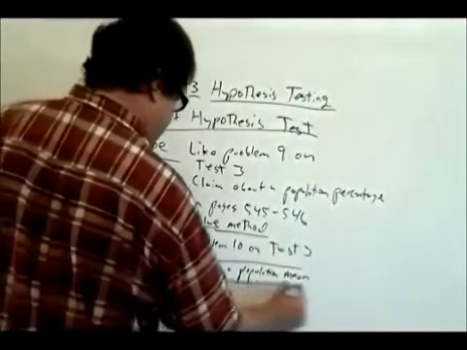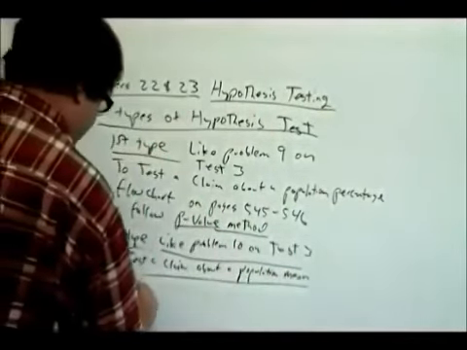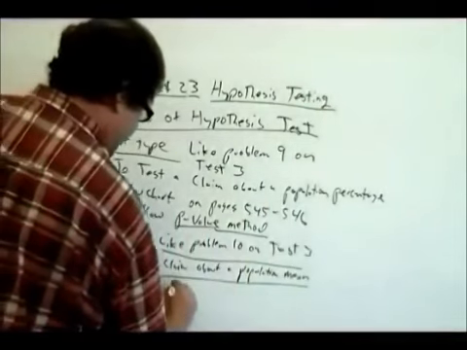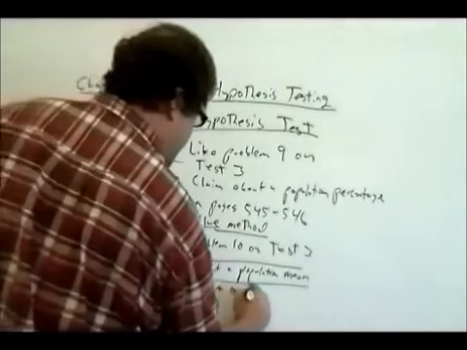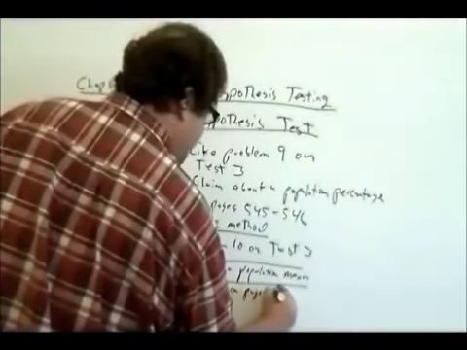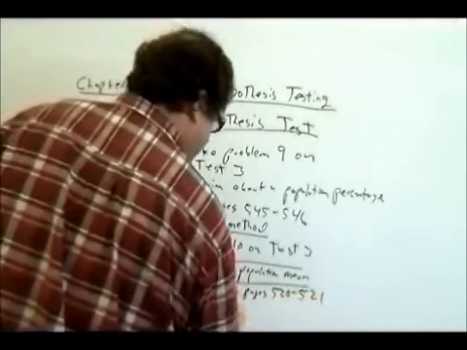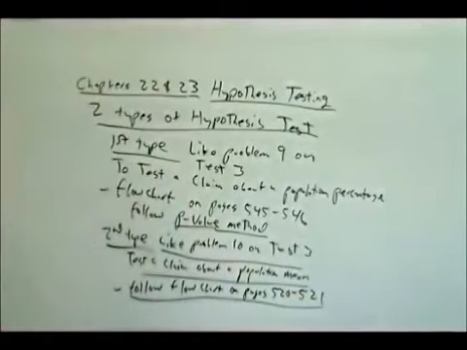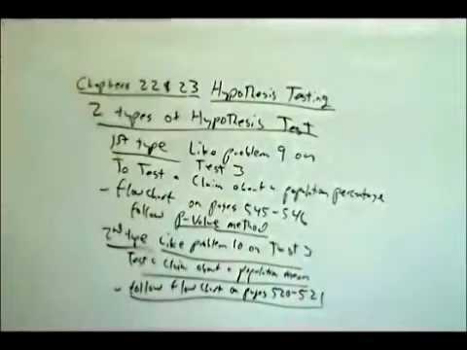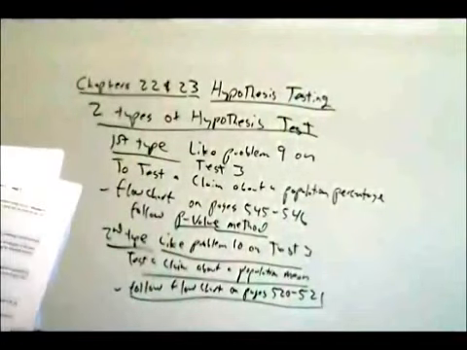When you test a claim about a population mean, we're going to follow the flow chart on pages 520 and 521. There's a very similar 6-step flow chart for these types of hypothesis tests, also in your cheat sheet.